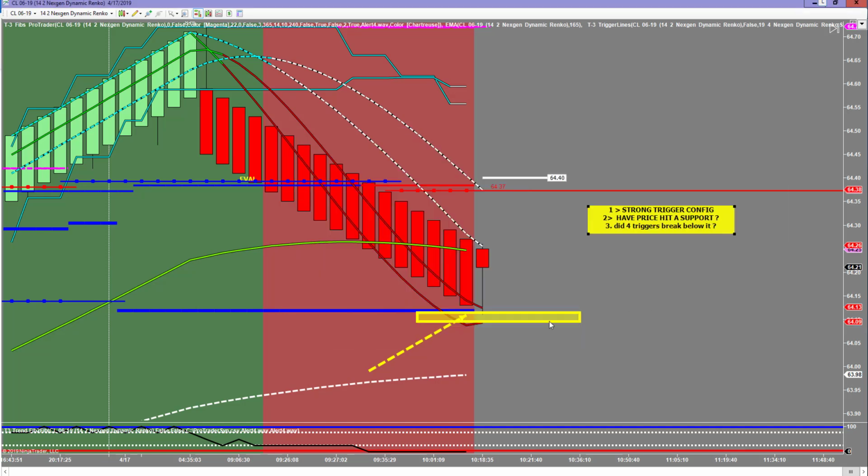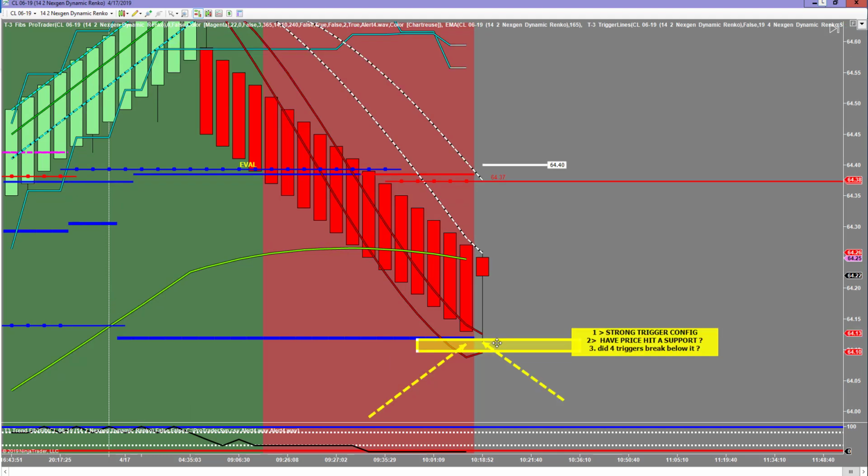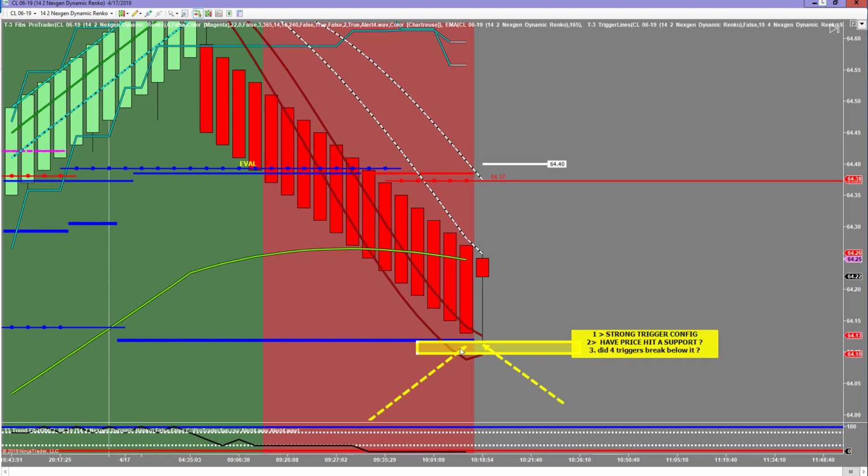Yes, we have a strong trigger line configuration, but we've hit support. And anytime you hit support, you have to be cautious if the trigger lines aren't breaking support. This will tell you that you can't do short trades anymore, and that support will probably bounce back up.